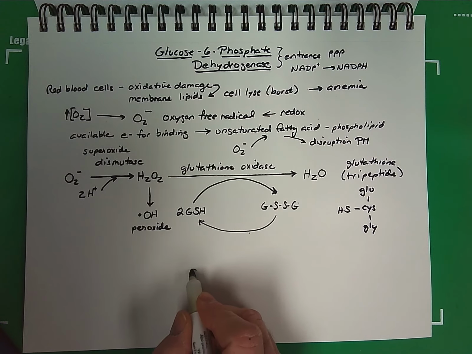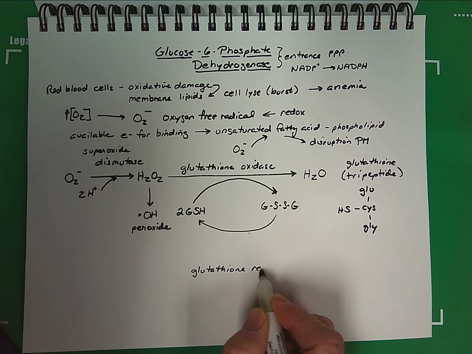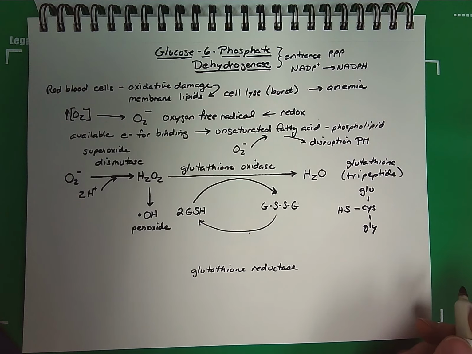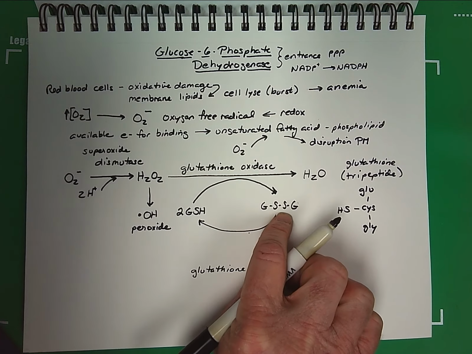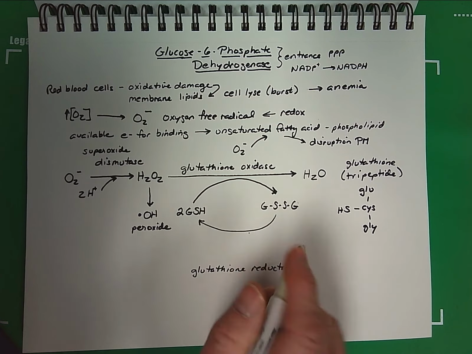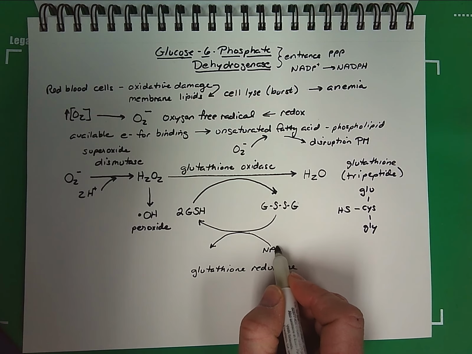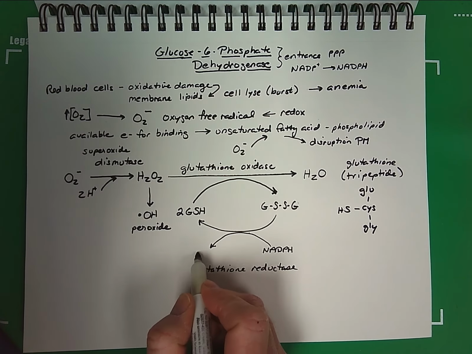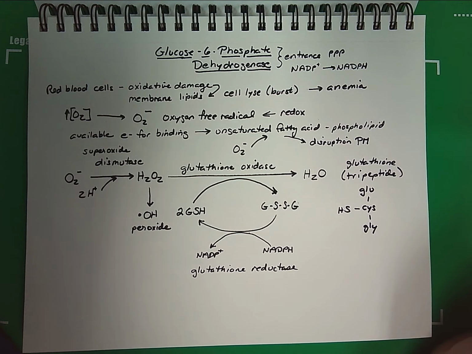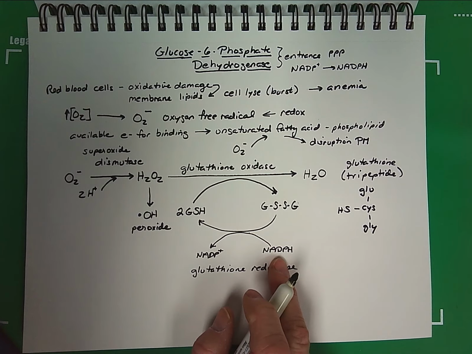The way we are going to do that is with another enzyme called glutathione reductase, performing another redox reaction. We are going to reduce the disulfide bridge to the free sulfhydryls, so we have to transfer electrons to it. And those electrons are coming from NADPH. So this is a point of use for the NADPH that we were generating in our previous video.